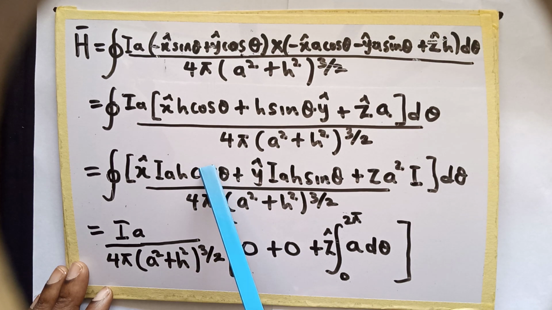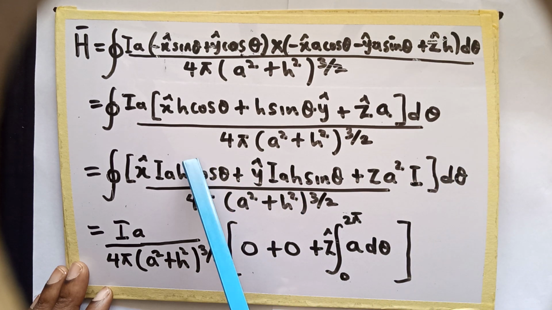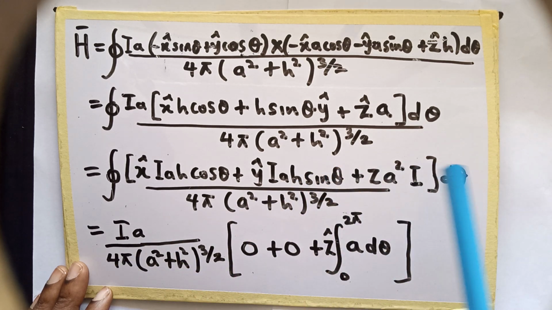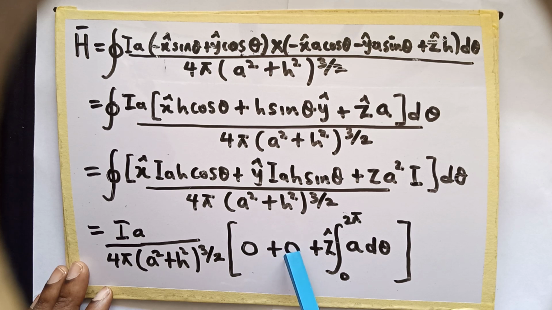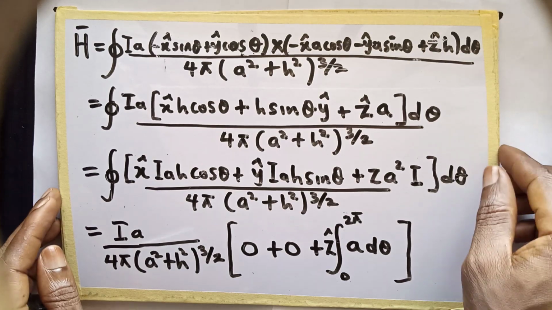If we integrate cos theta with respect to theta from 0 to 2 pi, it goes to 0. If we integrate sin theta with respect to theta from 0 to 2 pi, it goes to 0. So that's why the first two terms are equal to 0. But this particular one, if we integrate it, it gives us theta from 0 to 2 pi.